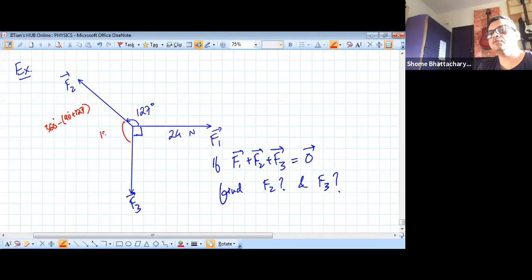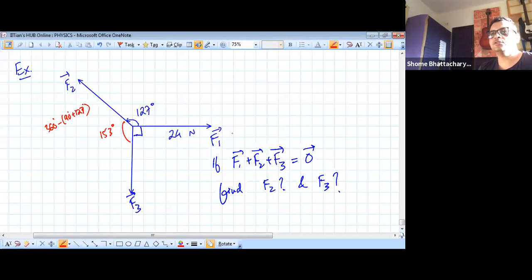So this will have to be 153 degrees. Okay. Coplanar means lies in the same plane, in a two-dimensional plane. We discussed in the last lecture also.